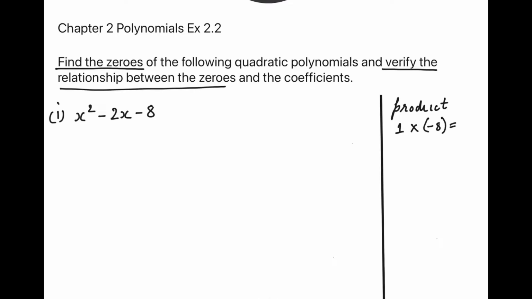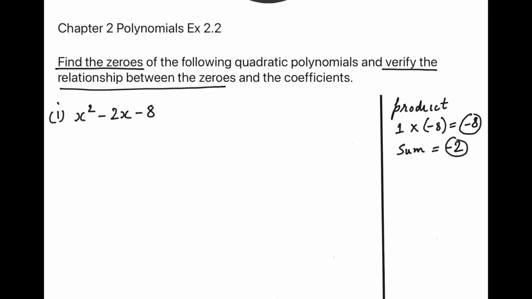So the product should be equal to minus 8, and the sum should be equal to the coefficient of the middle term, which is minus 2 here. So minus 2x is the middle term and minus 2 is the coefficient. So we need to find two numbers whose product is minus 8 and the sum is minus 2.